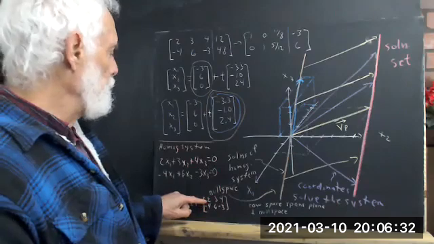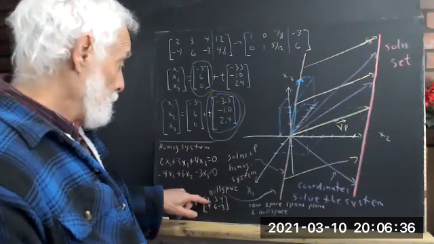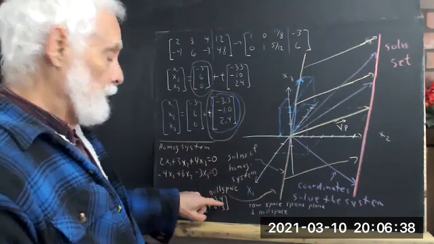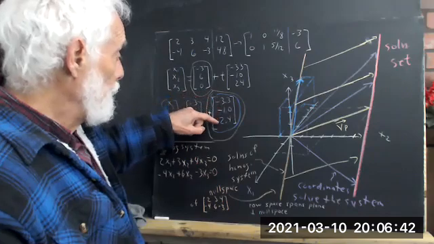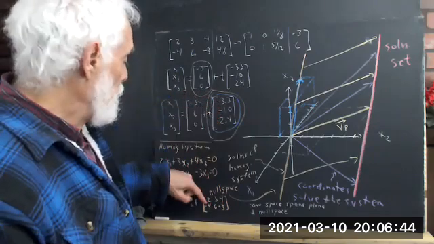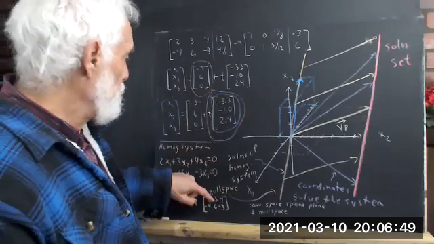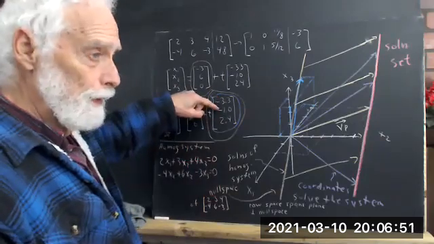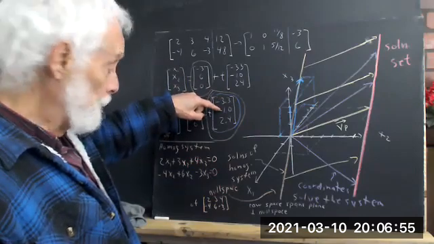You just multiply the 2, 3, 4 of the row here by the negative 3.3, negative 1, 2.4. 2 times negative 3.3 is negative 6.6. 3 times negative 1 is negative 3. Negative 6.6, negative 3 is negative 9.6.